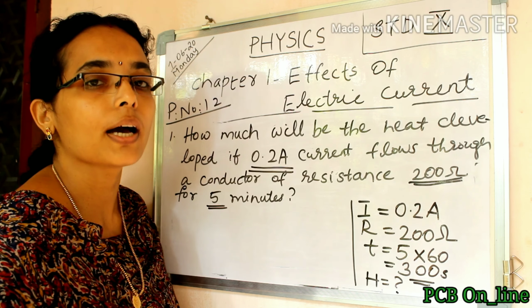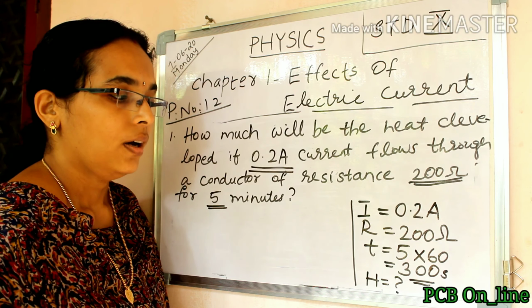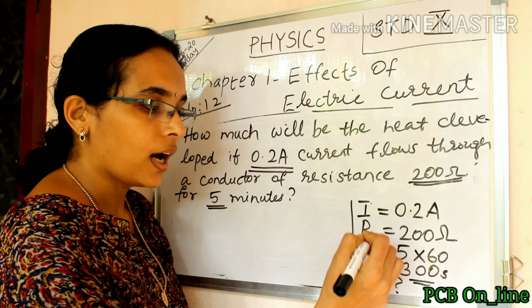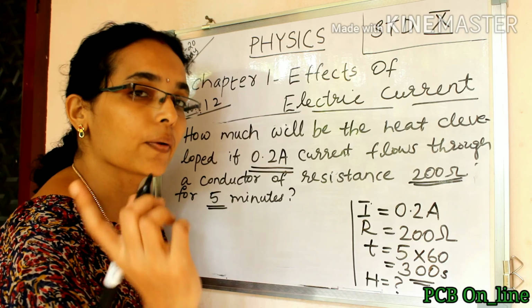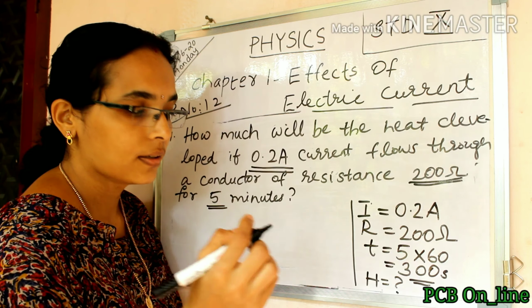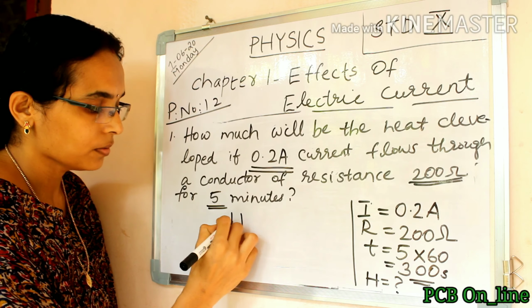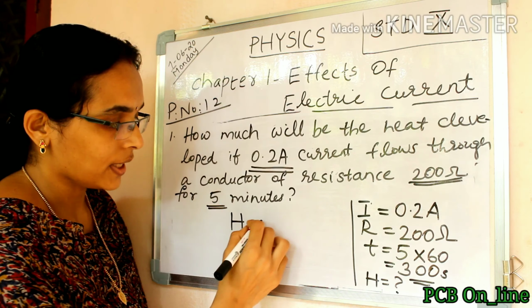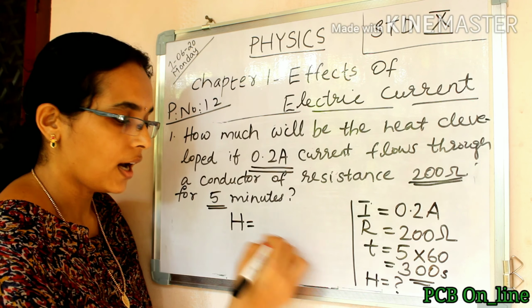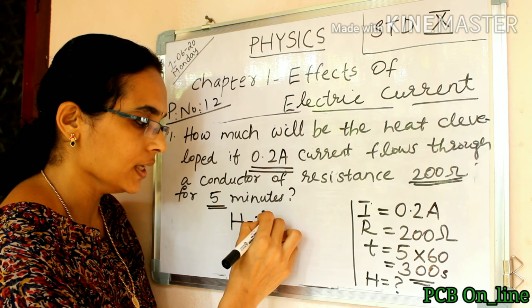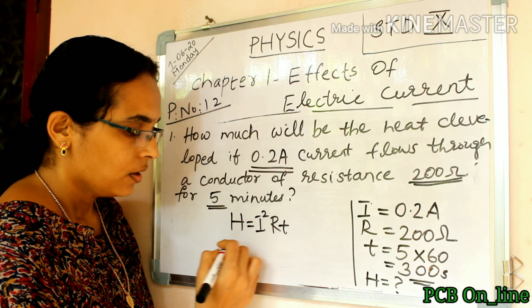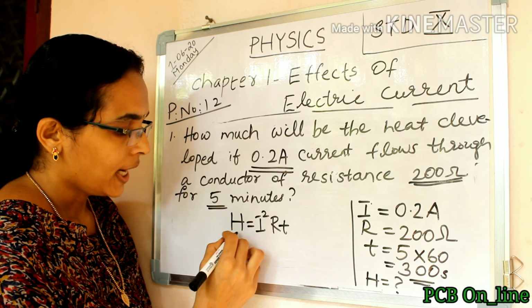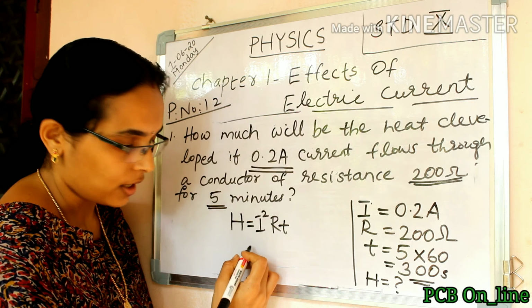That is, we have to calculate H. Knowing I, R, T, what is the equation we can use? We have 4 equations for calculating H. Here I square RT will be the correct equation for this problem. H is equal to I square RT.